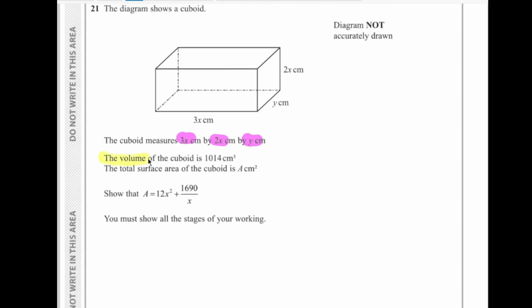This is the key sentence of this question, and this is the hint that we've been asked to use. The total surface area of the cuboid is A. Show that A equals 12x squared plus 1690 over x.